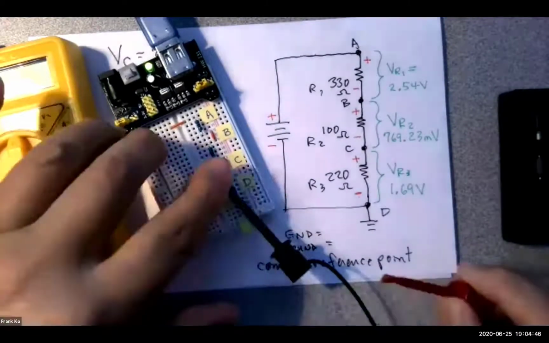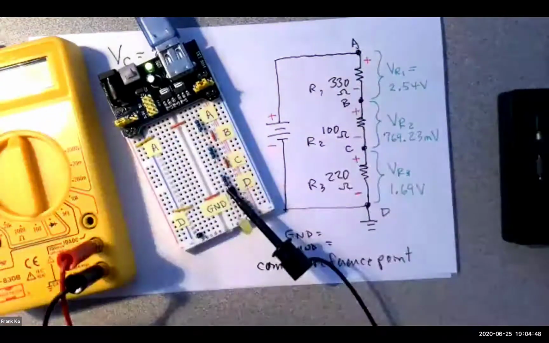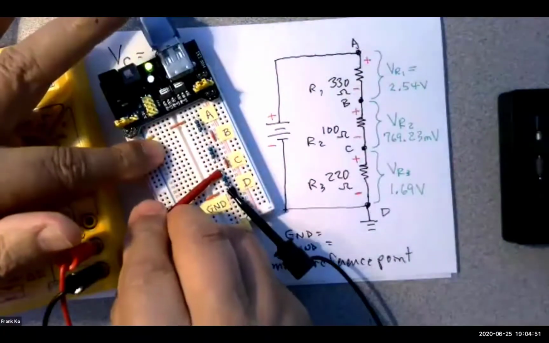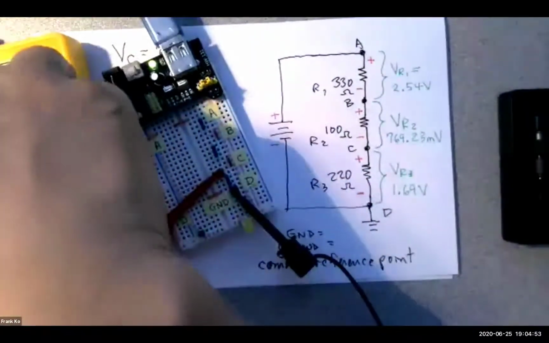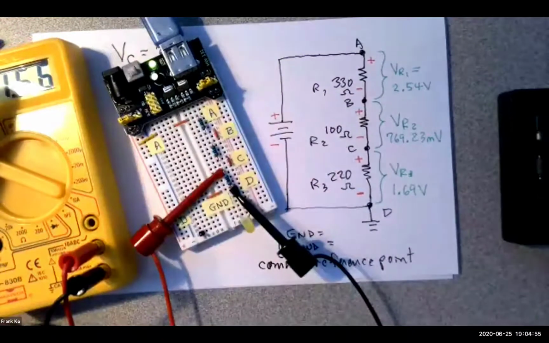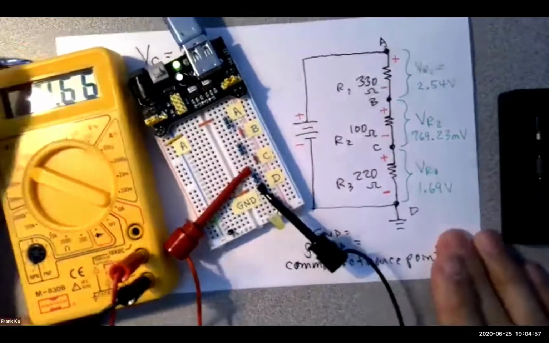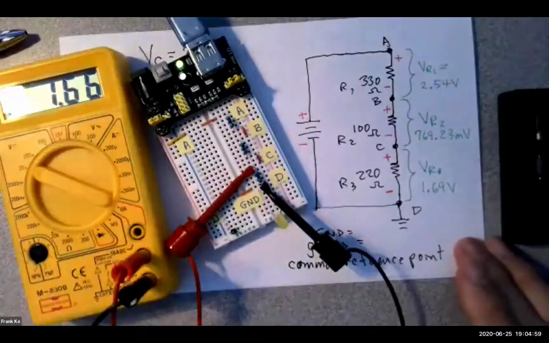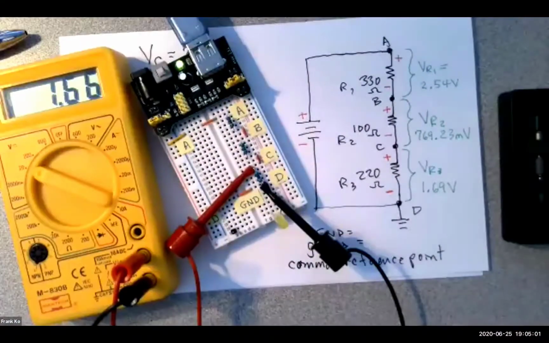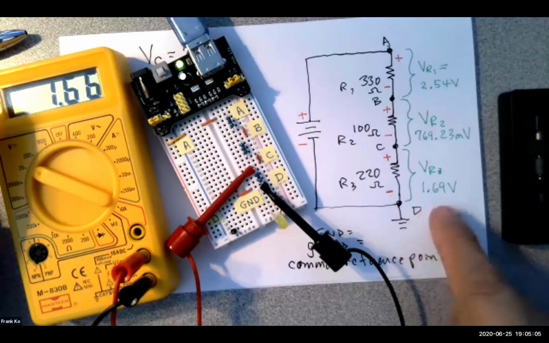And I'm going to hook up this at point C, which is right here, and turn this guy on. Lo and behold, what's my digital multimeter say, if I can get it out of the glare of the light? 1.66 volts. Pretty darn good. Yes, it's close enough to this. We're pretty happy with that.